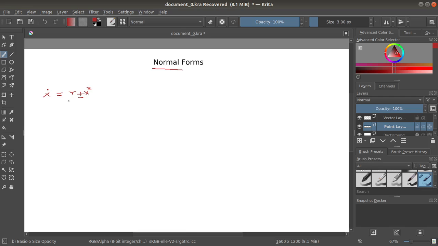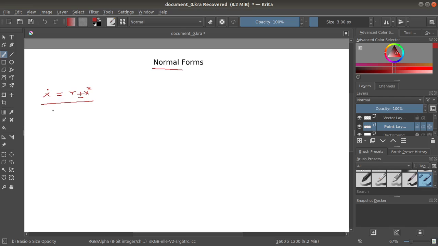Okay, now the claim is, for any system, if the saddle node bifurcation happens, then near the region where the bifurcation happens, the system will look like this.